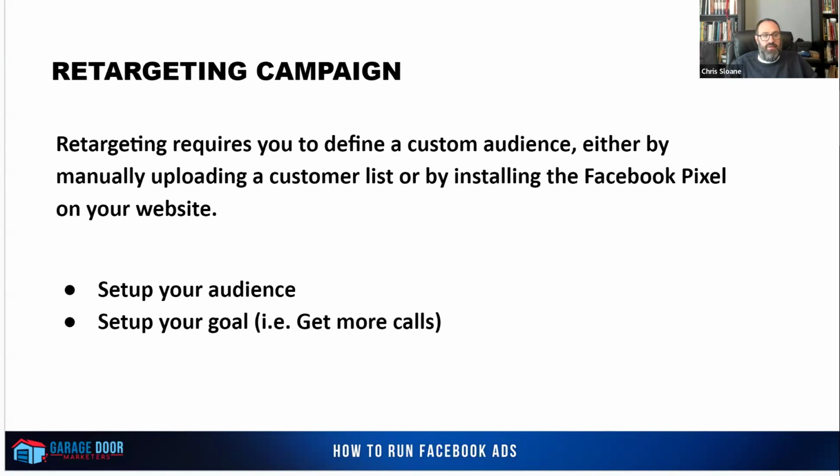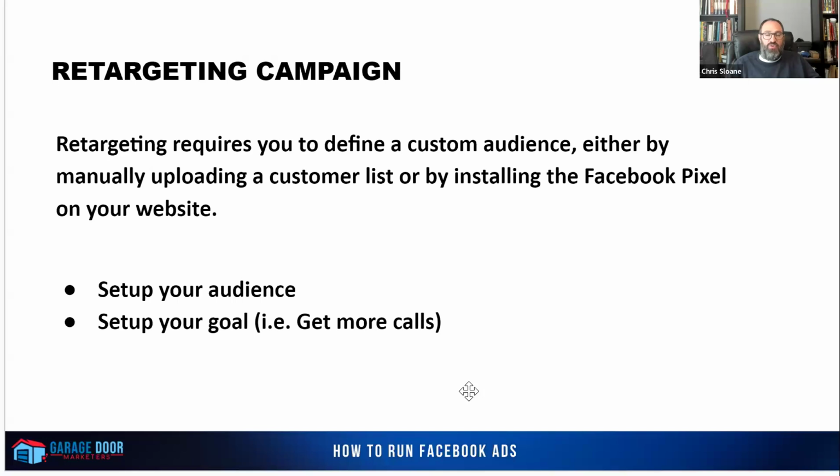To do this, you have to set up a custom audience, which we're not going to get into the technicals of today. This is just a very broad overview. In the case of a retargeting campaign, you're going to want to set up a Facebook pixel on your website that captures your website visitors, and that will create a custom audience.